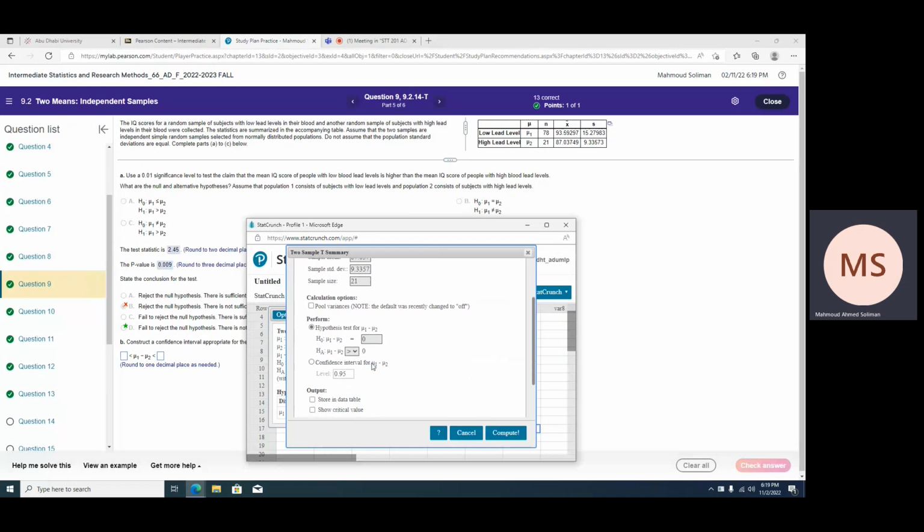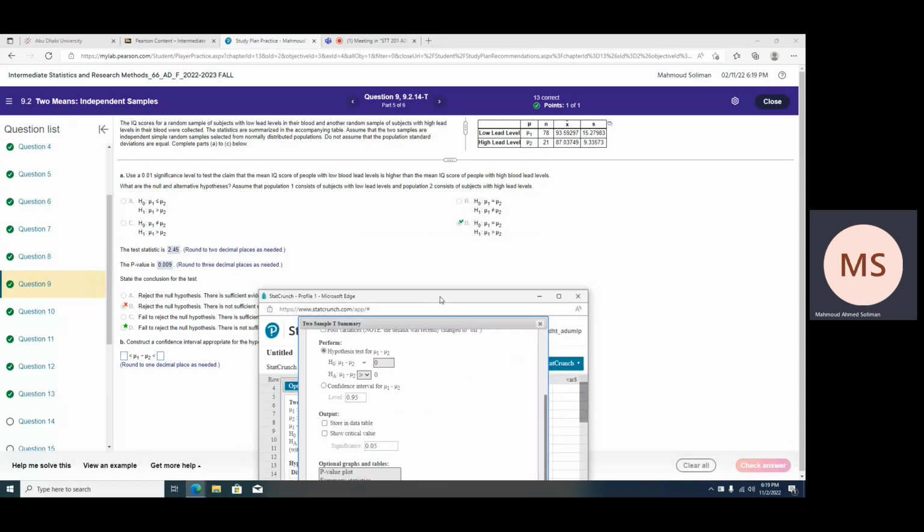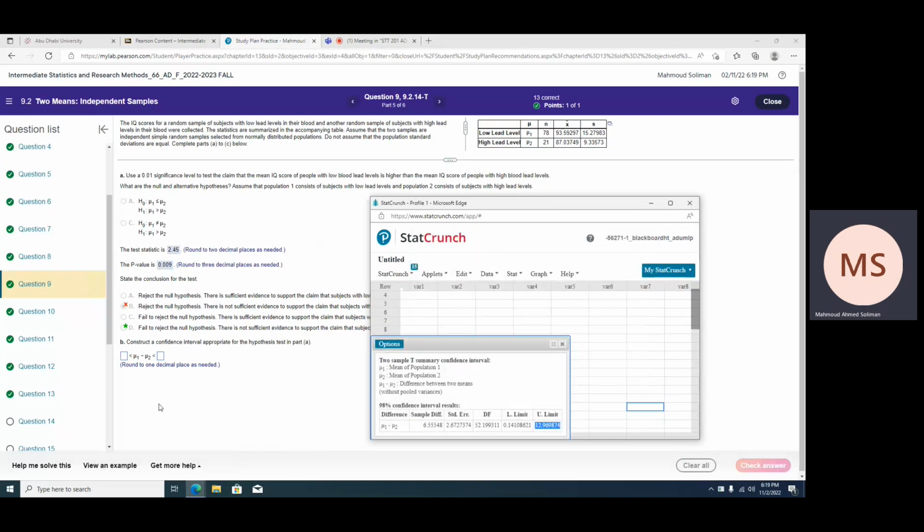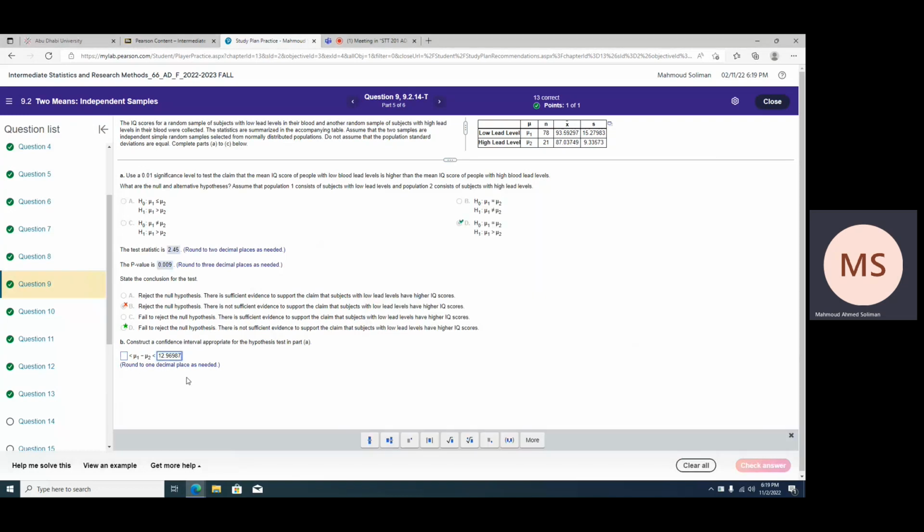Okay, so it's one-tailed. One tail with greater than or less than, two tail with not equal to. Put this one decimal, so 13.